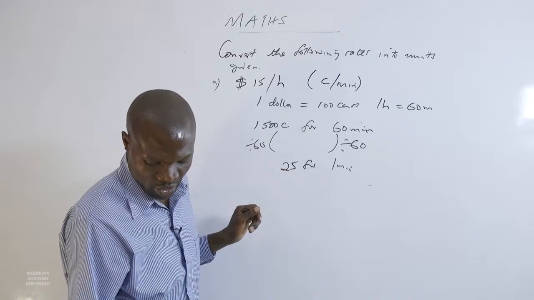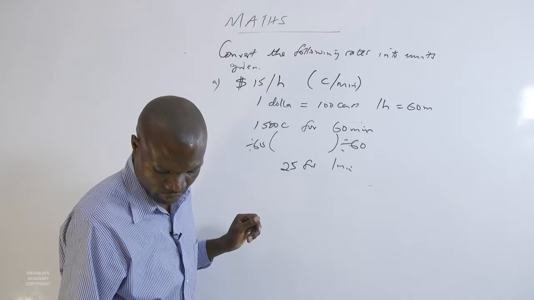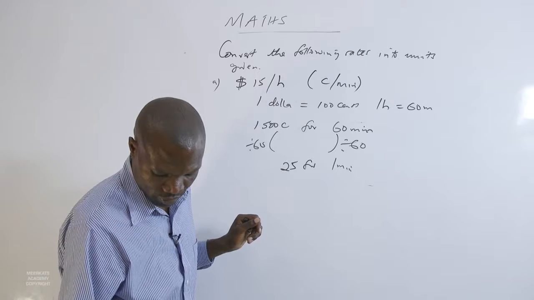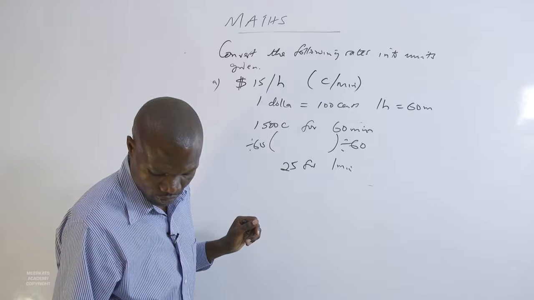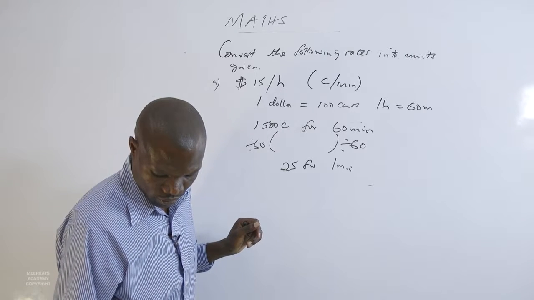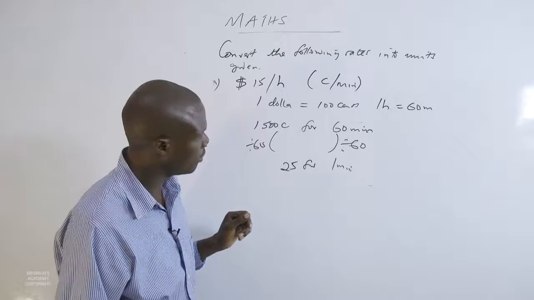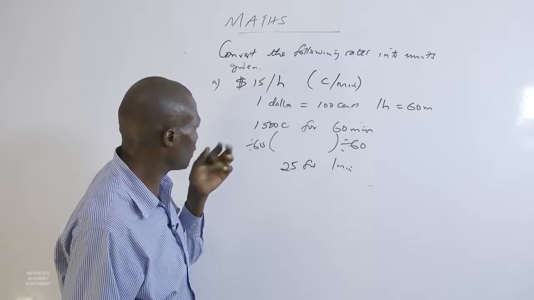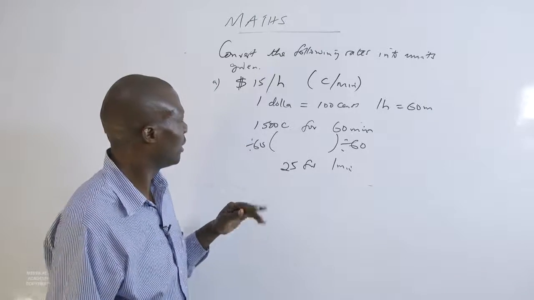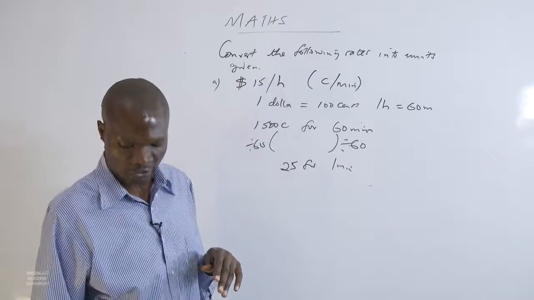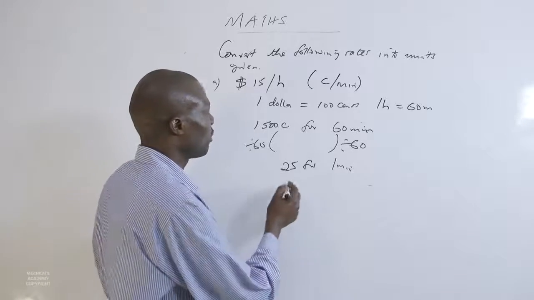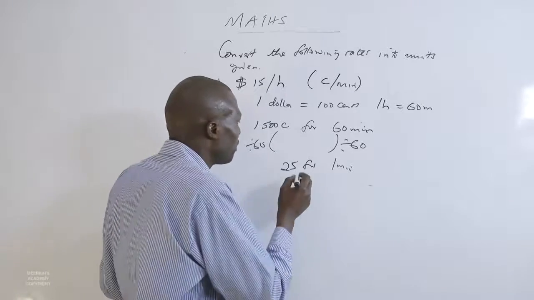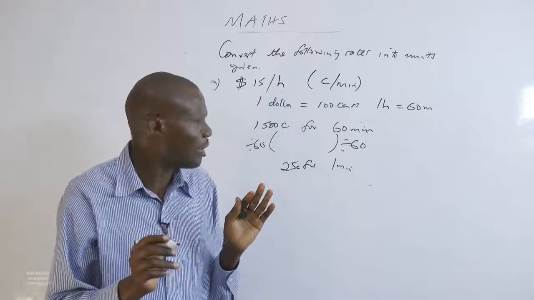If you use your calculator, we are talking of 1,500 divided by 60. This one will give us 25. So we are talking of 25 cents for 1 minute.